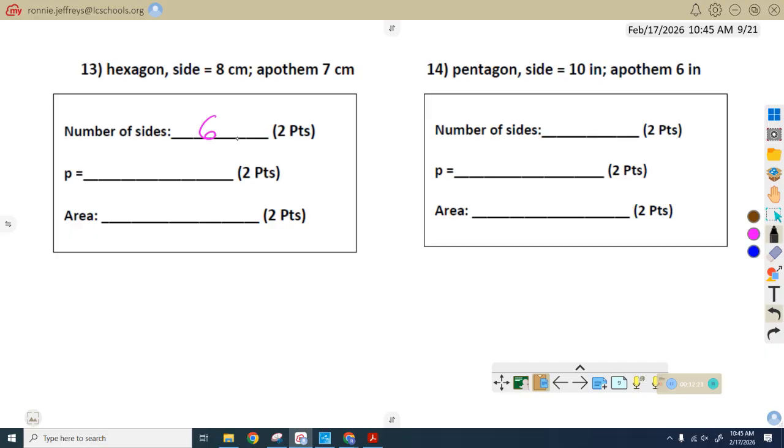Hexagon has 6 sides. Well, 6 times 8, this would be 24 centimeters. 24 times 7 divided by 2. This has 84 centimeters squared. A pentagon has 5 sides. The area would be 10. Check that, 50 inches. What?